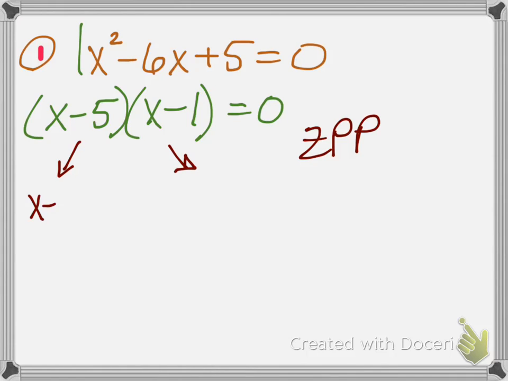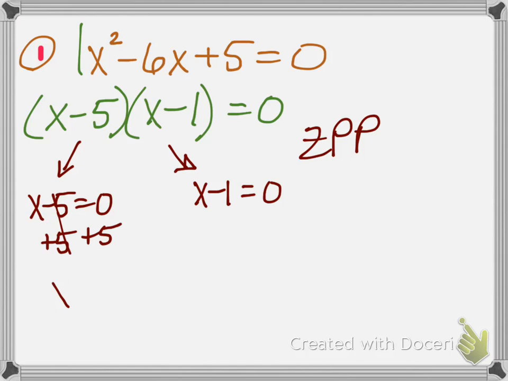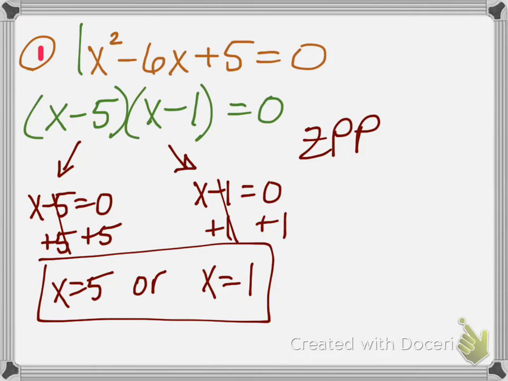So either x minus 5 equals 0 or x minus 1 equals 0. And that's how we can solve for x. So I add 5, so x equals 5, or add 1 here, x equals 1. And there is the solution for number 1.